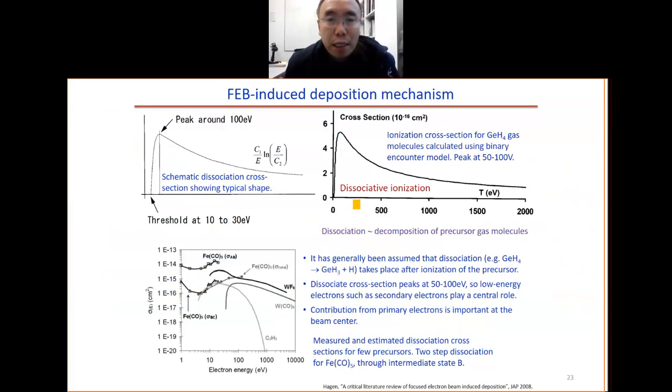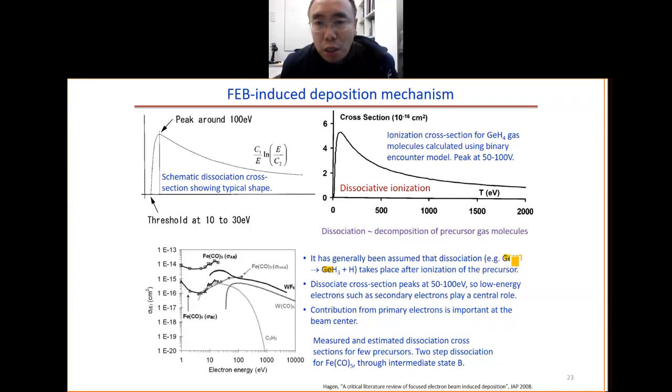So here is the mechanism. We know that for ion beam induced deposition, the mechanism is called collision cascade, basically local heating by the ion bombardment. But for electron beam induced deposition, for example, if we want to deposit germanium using germane gas, first we need to decompose it.